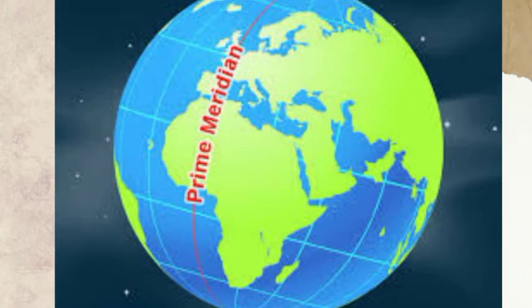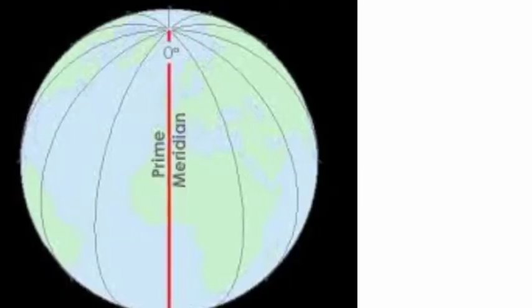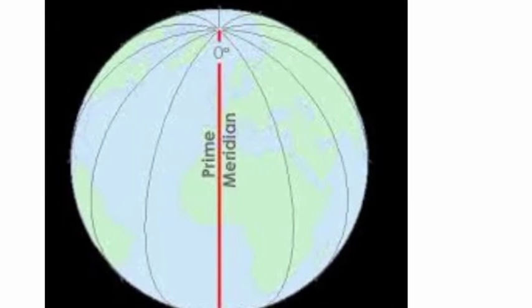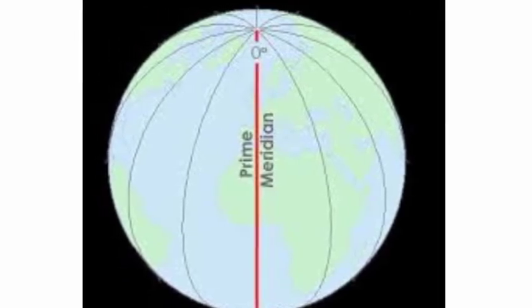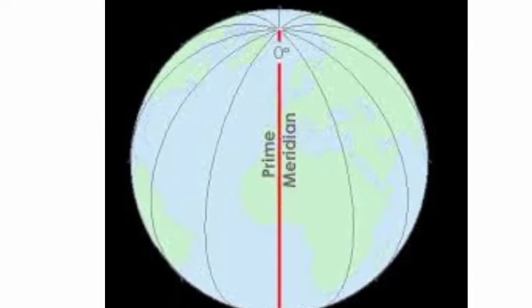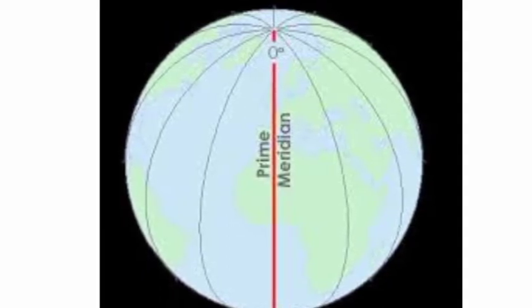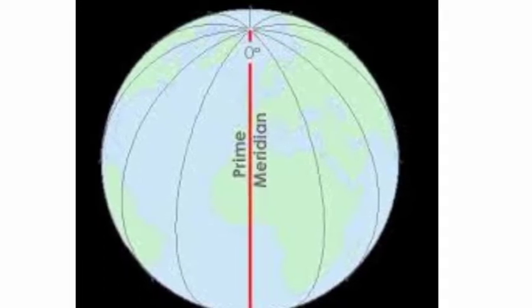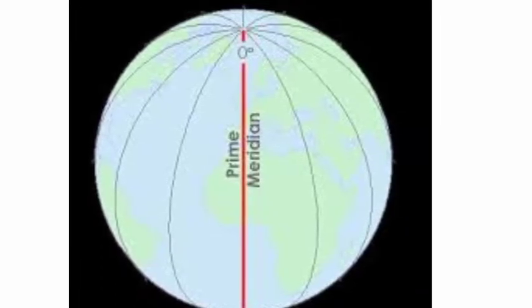Now looking at the prime meridian, lines of latitude are known as parallels, while those of longitude are known as meridians. The distance between lines of longitude narrows the further away from the equator.